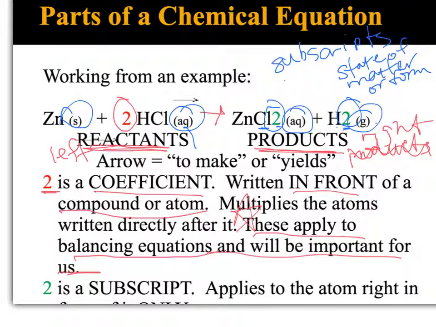Because that's what aq means, aqueous, dissolved in water. Or is it a gas? In this equation, if I were interpreting this, it would say solid zinc metal combines with hydrochloric acid, which is a solution of hydrogen chloride dissolved in water. A reaction happens, and it forms zinc chloride that's dissolved in water and hydrogen gas.